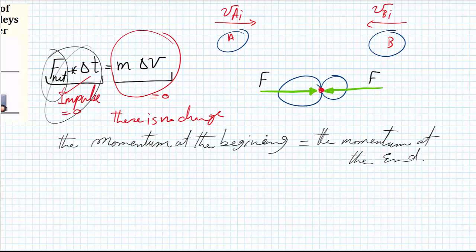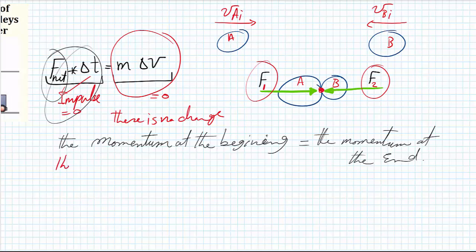But for the collision here, the first force, let's call this F1 and this F2, which are equal and opposite. F1 affects the object B. So because there is a force that acts on B, B will change its momentum. And also because F2 is affecting object A, A is also going to change its momentum.